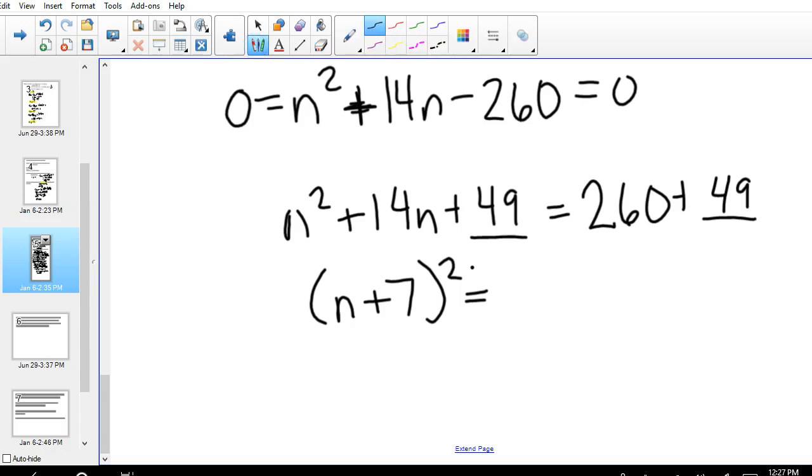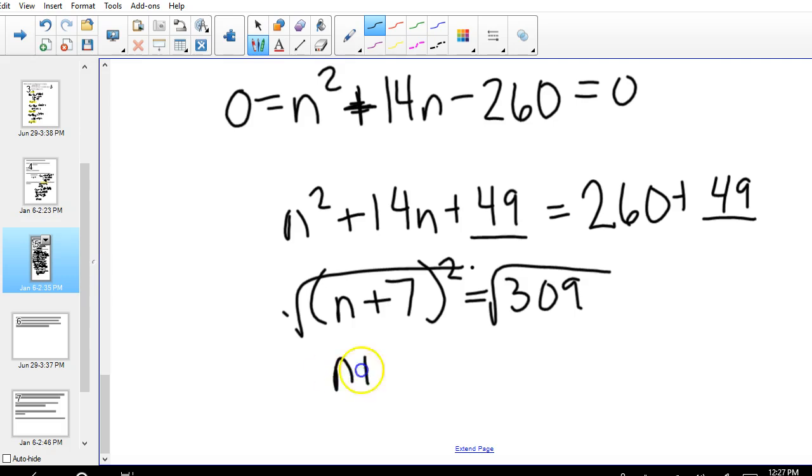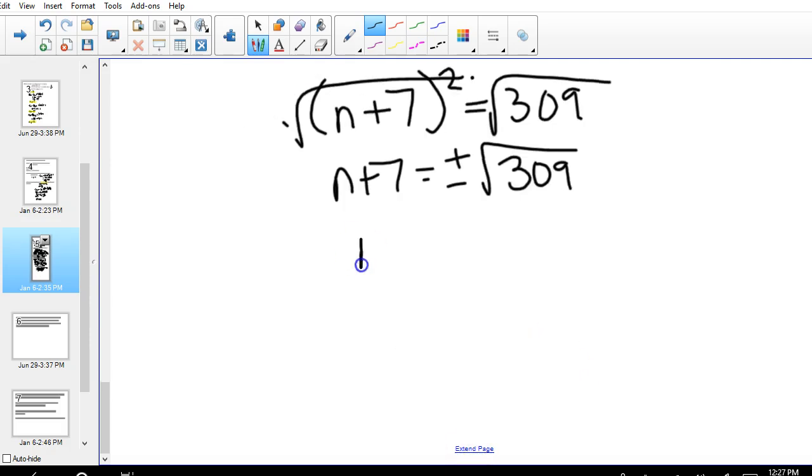And if you do the quadratic formula, you'll get 309 under the square root. So we'll get n plus 7 equals plus or minus the square root of 309. And then the last thing you would do is subtract that 7, so you'll have negative 7 plus or minus the square root of 309.